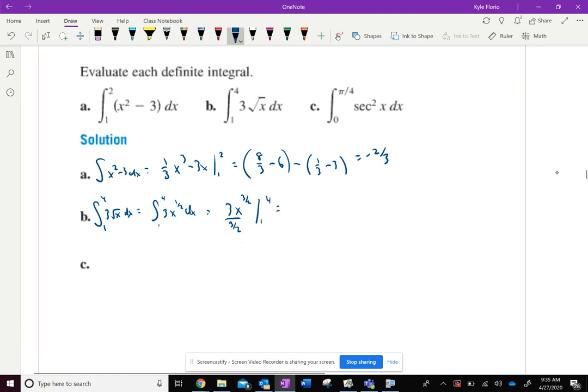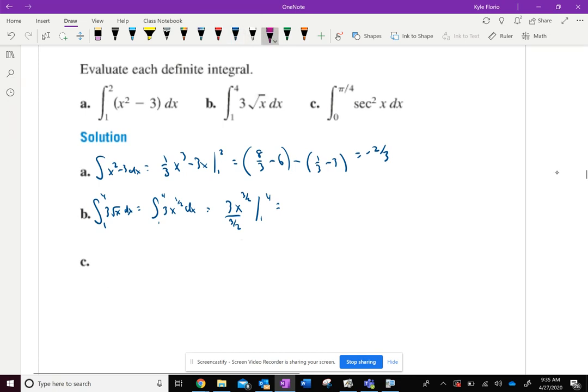Keep change flip, so that's the same thing as dividing by 3/2, the same thing as multiplying by 2 thirds, and the 3's will cancel out, so we're just going to get 2x to the 3/2 from 1 to 4.